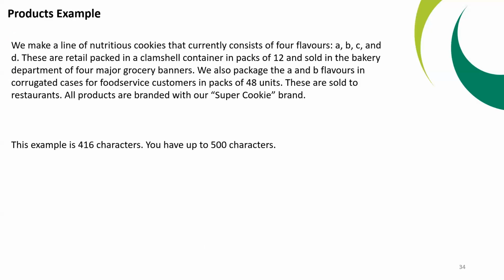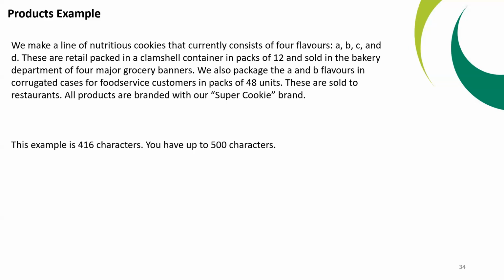So as an example, we make a line of nutritious cookies that currently consists of 4 flavors, I got real creative here, A, B, C, and D. These are retail packed in a clamshell container in packs of 12 and sold in the bakery department of 4 major grocery banners. We also package the A and B flavors in corrugated cases for food service customers in packs of 48 units. These are sold to restaurants.